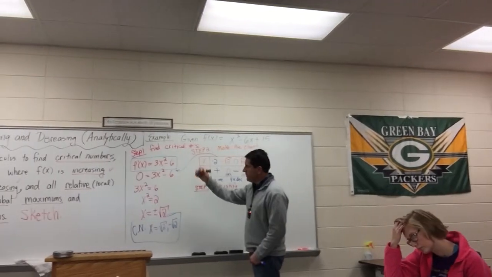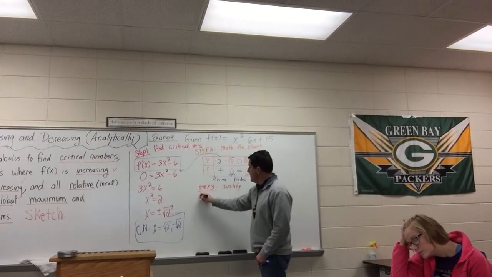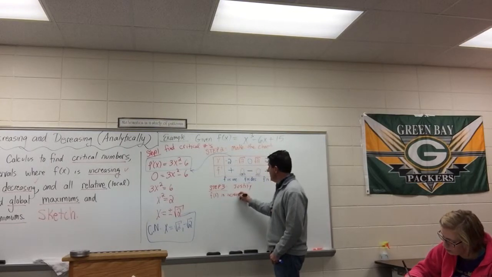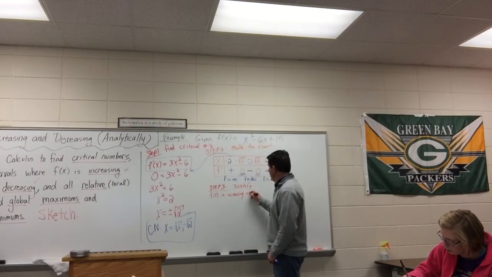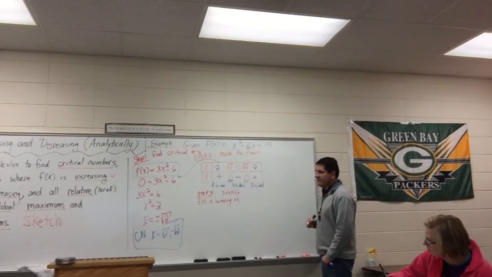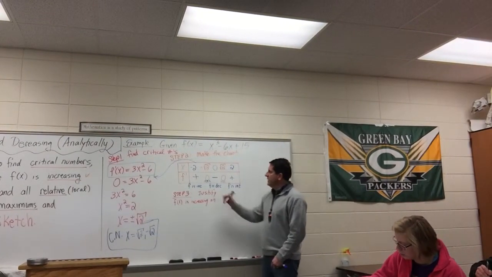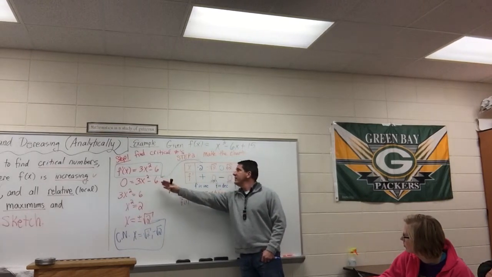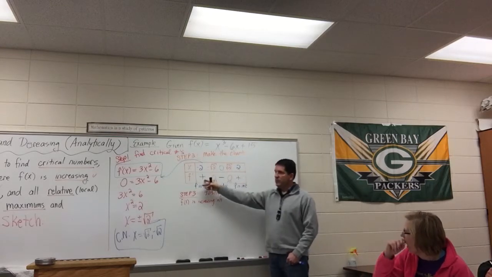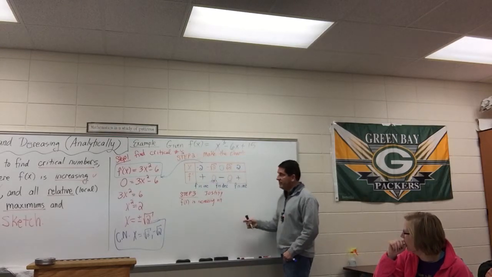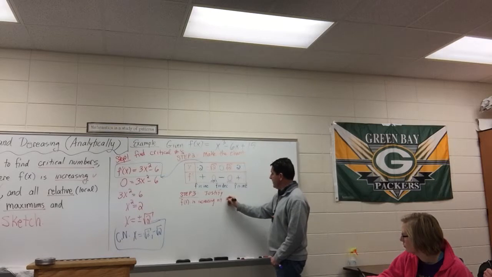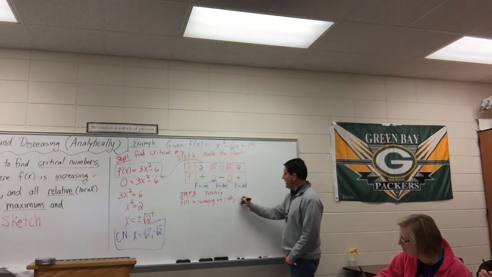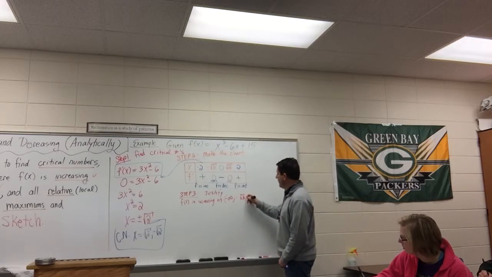So let's do them right from the top. Let's do increasing first. So we say f of x is increasing on, now we got to state the intervals. What's really amazing is you could have tested any number to the left of negative square root of 2 and this still would have been positive because the function is increasing on that entire interval. So we're going to say from negative infinity up to and including negative square root of 2.